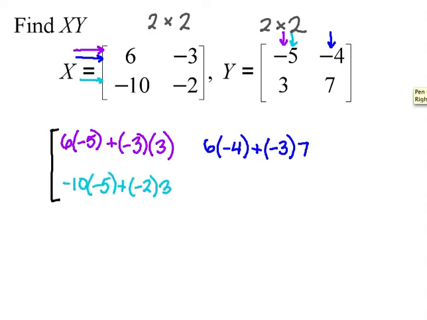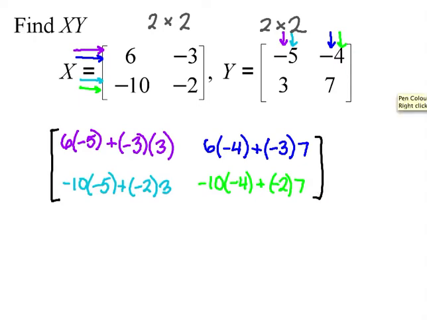What am I going to do now? Row 2, column 2. -10 times what? -4 plus -2 times 7. Good. So now all we have to do is do those calculations and we're done.